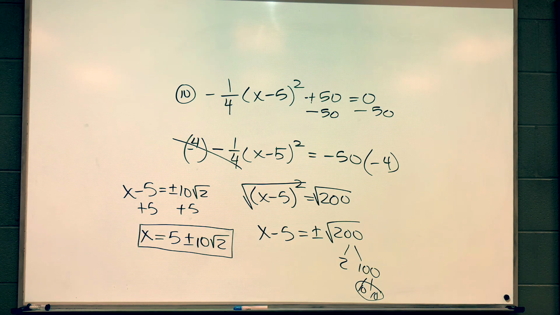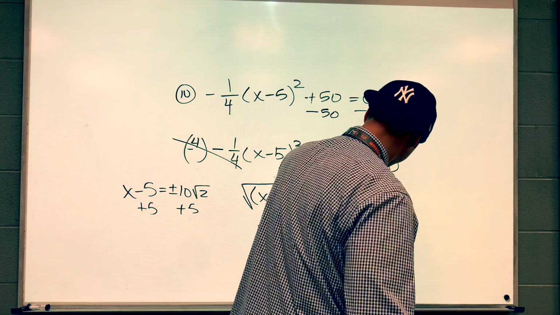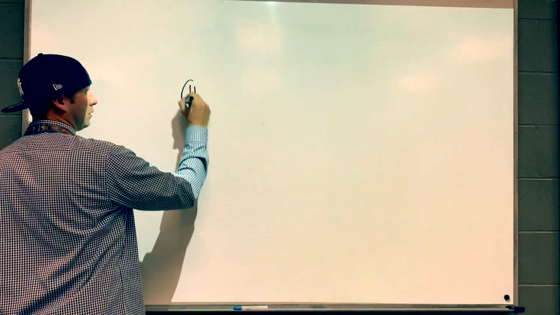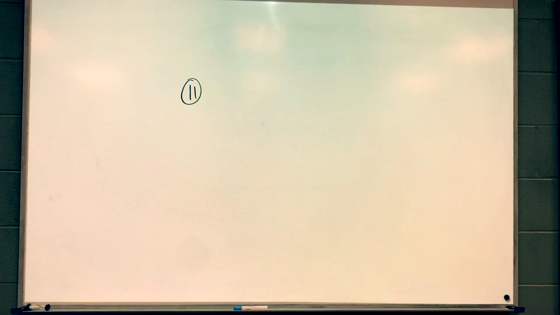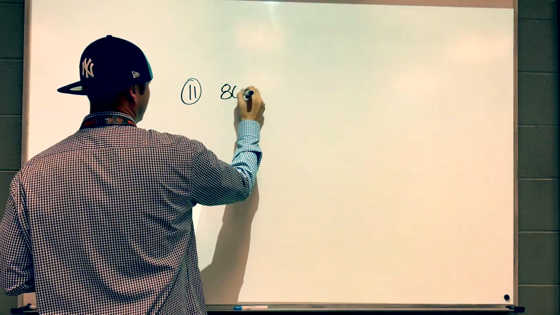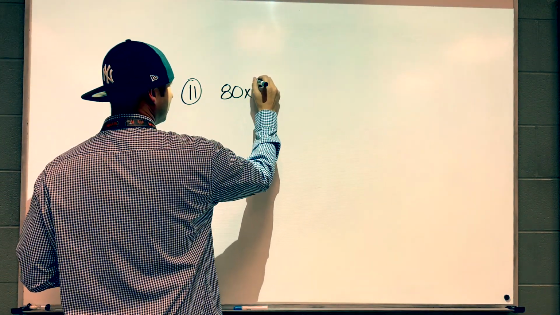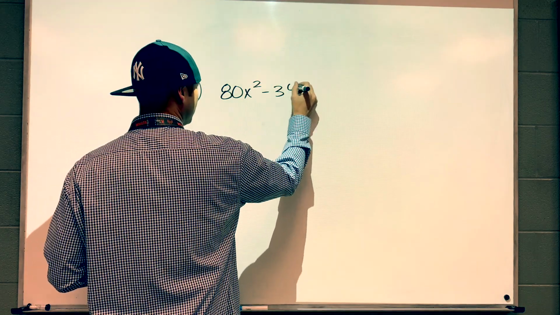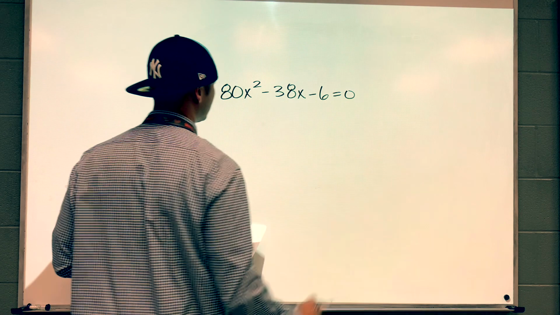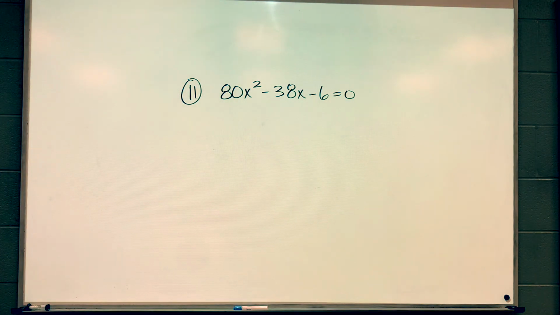Okay, number 11. Number 11 says, solve by factoring. Okay, step number 1, see if we can factor out a GCF.